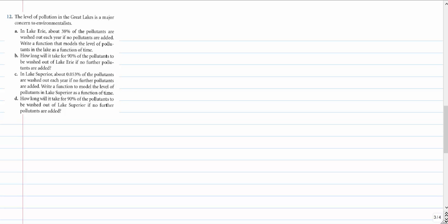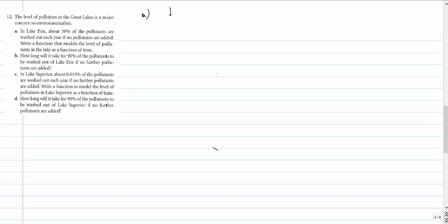Next question. The level of pollution in the Great Lakes is a major concern. A. In Lake Erie, about 38% of the pollutants are washed out each year.